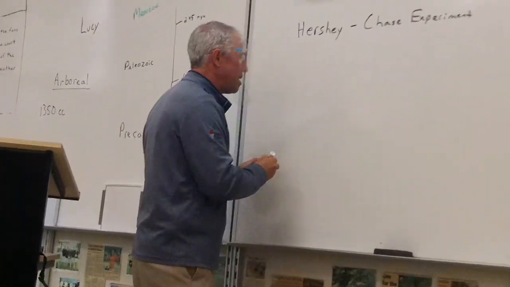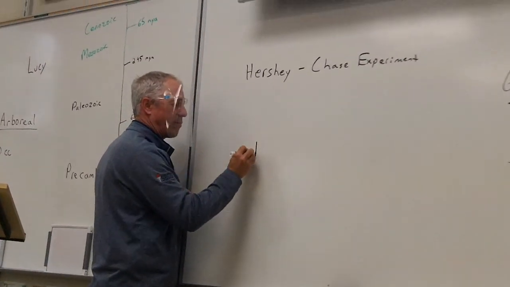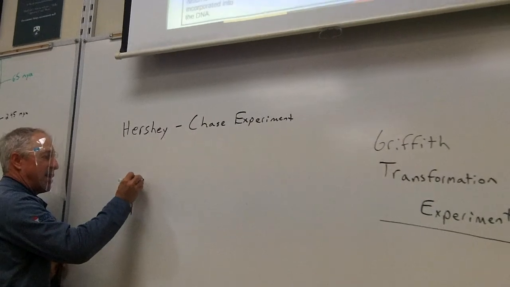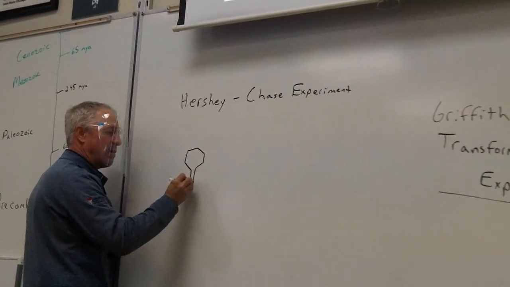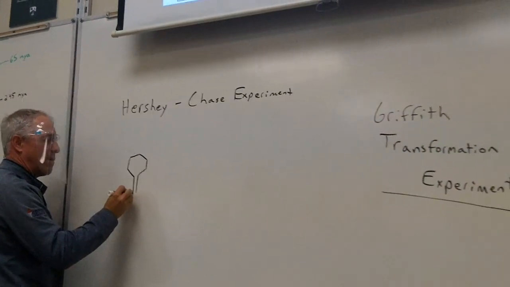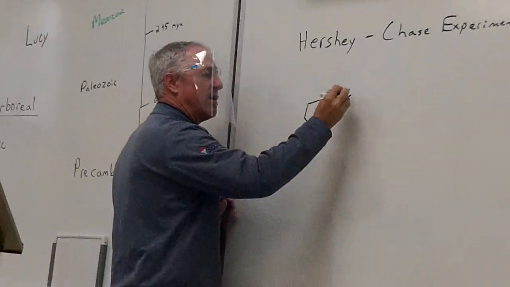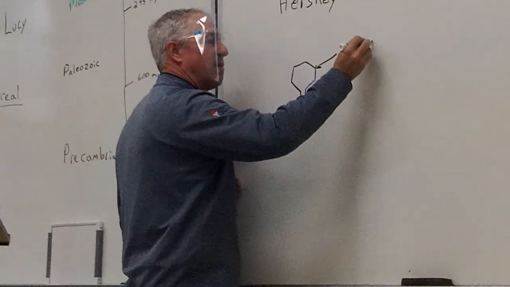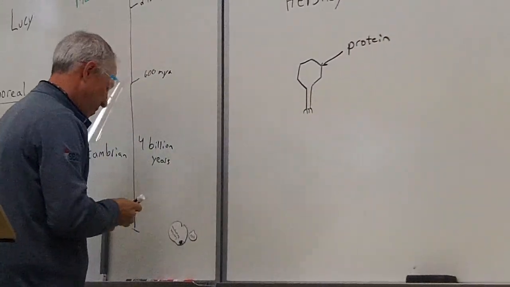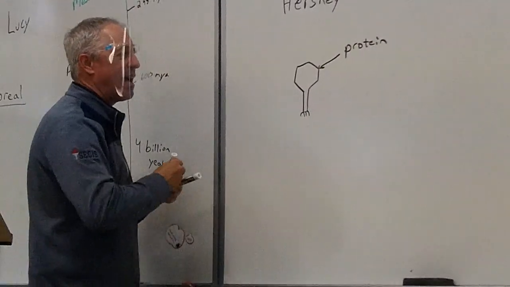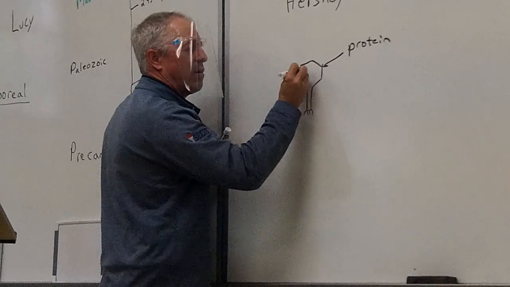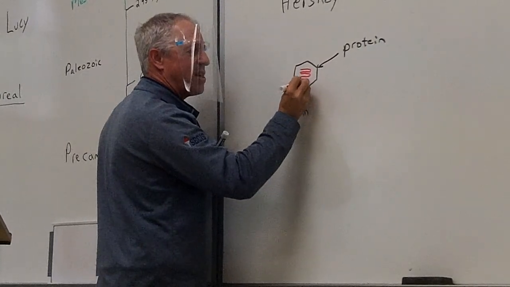Viruses have a protein coat that kind of looks like this. This is protein. And then they have nucleic acid on the inside.